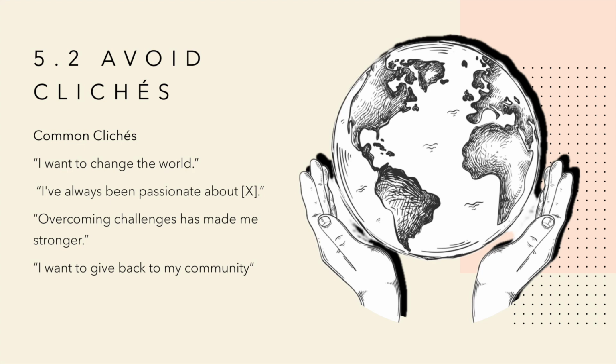Be specific about how you want to give back. What do you want to contribute, and how will you do it? So, instead of relying on these clichés, aim to share concrete examples and personal insights that reveal who you are and what truly drives you. This will make your writing feel more authentic and impactful.